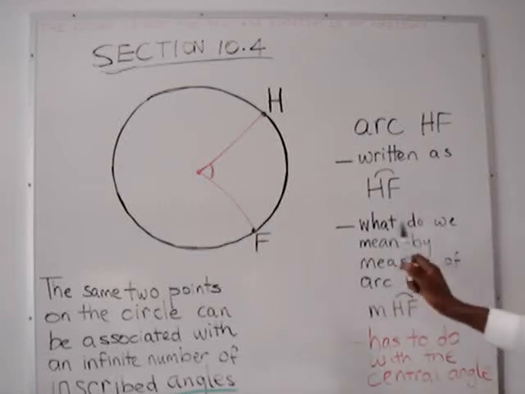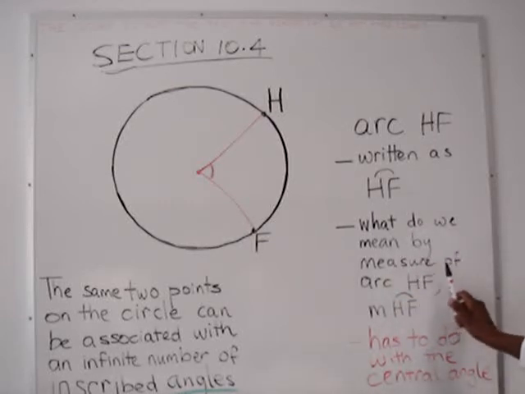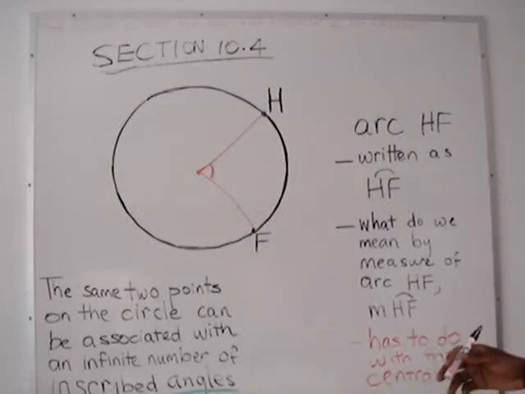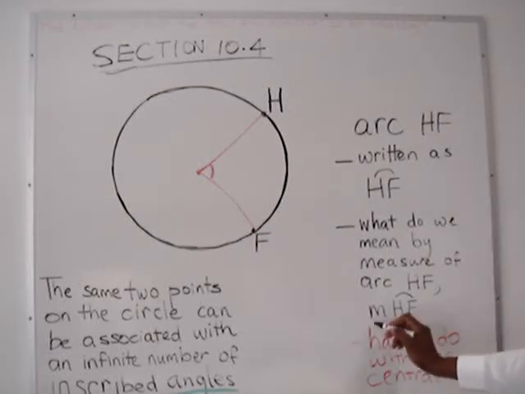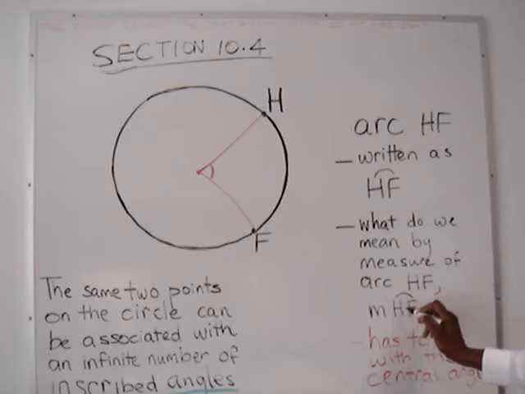Now, what do we mean by measure of arc HF? When we say measure of arc HF, what do we mean by that? That's usually written as a little m and then HF with the little arc.